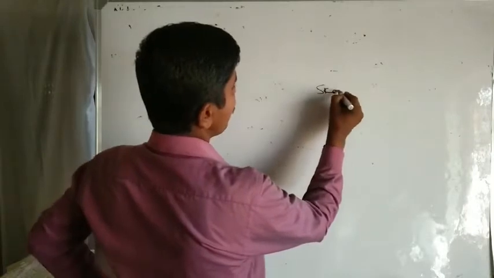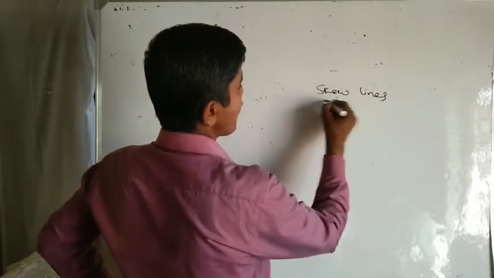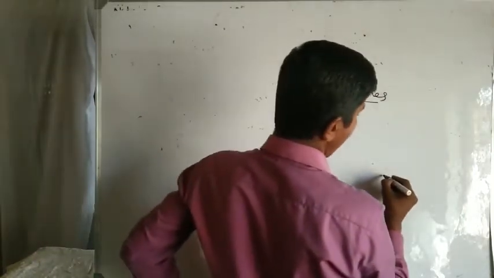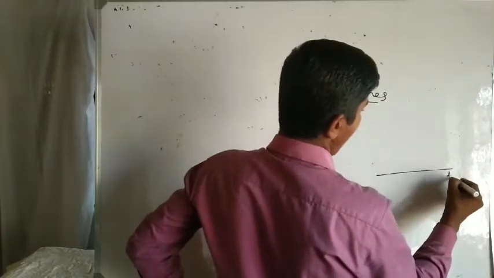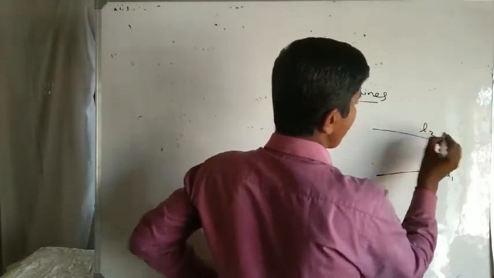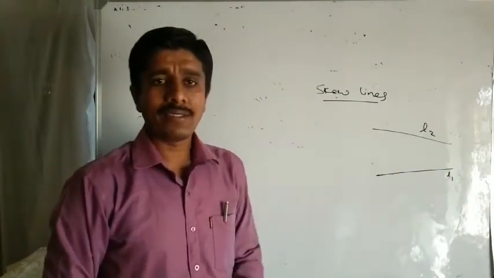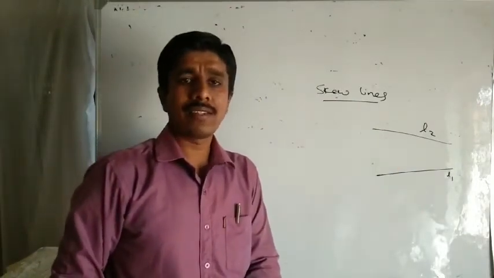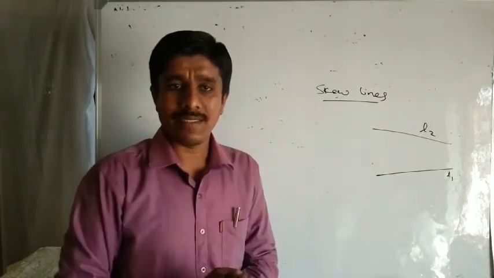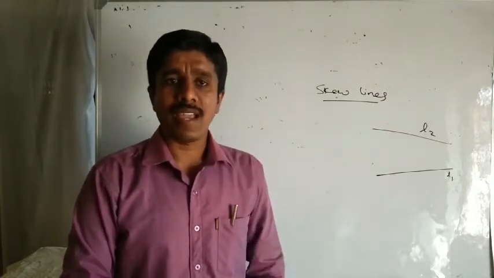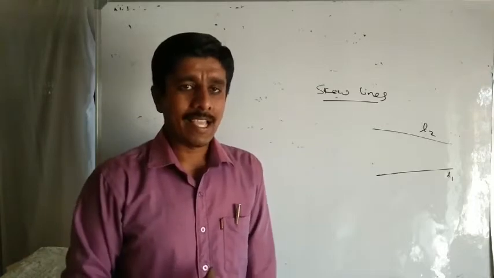Skew lines means, see, two lines I am taking. This is one line L1, another line L2. Skew lines means two lines not parallel, two lines not intersecting in space. Such type of lines are called skew lines.